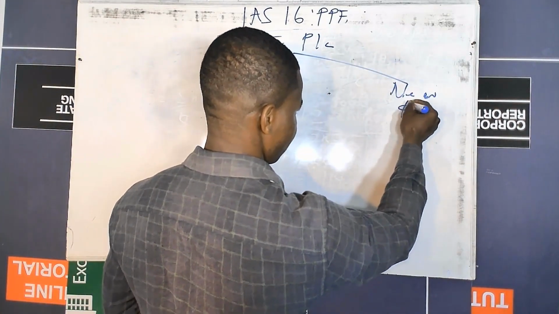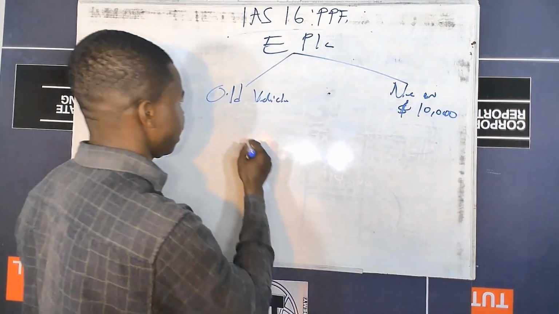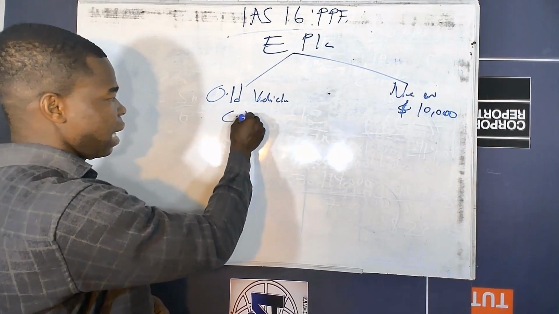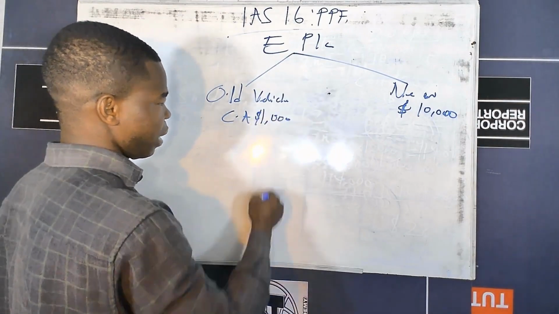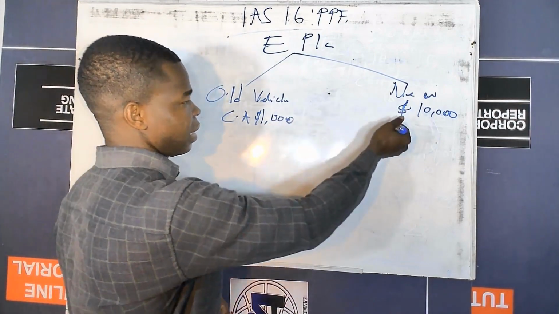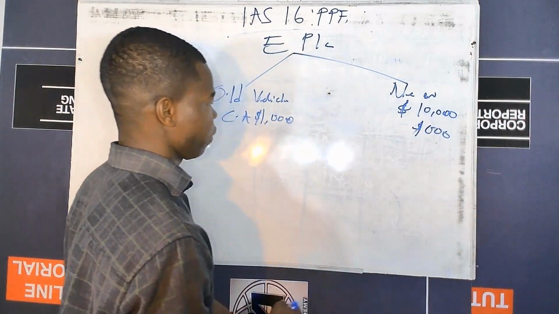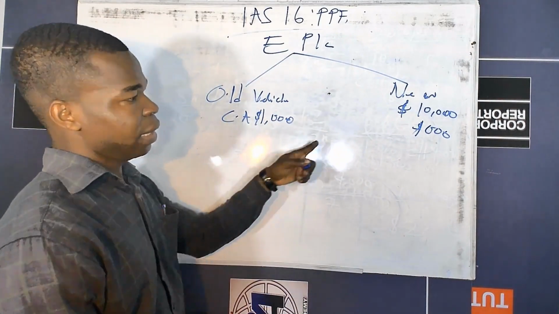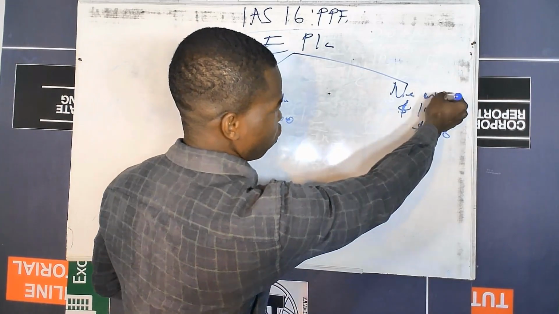This one costs $10,000, and the carrying amount of the old one, on the day they want to exchange, is $1,000. Maybe the seller is giving a discount of $1,000 as well. What amount should you attribute to the new vehicle?